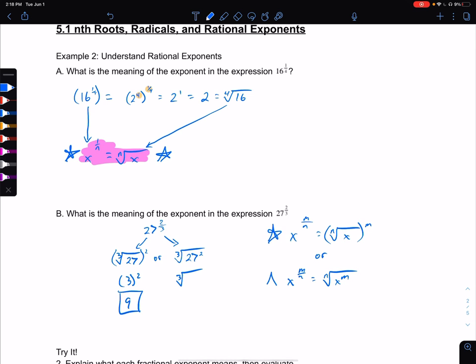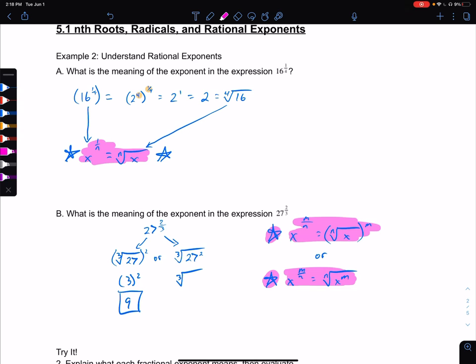These are the formulas we're looking to understand and know. So make sure we're able to go back and forth between these two, here and here. You're probably going to find that one of them works better than the other in a lot of problems.